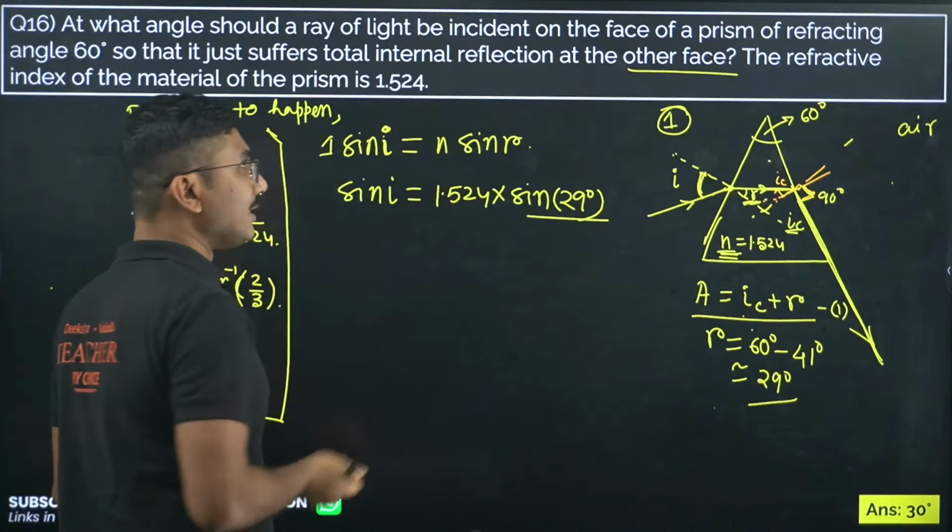Equiconvex lens, equiconcave lens. Equiconvex lens means both sides have the same radius of curvature. Equi means equal. Here it is mentioned in words, both surfaces of the same radius of curvature. So that is given in the question, that's why R1 equals R2.